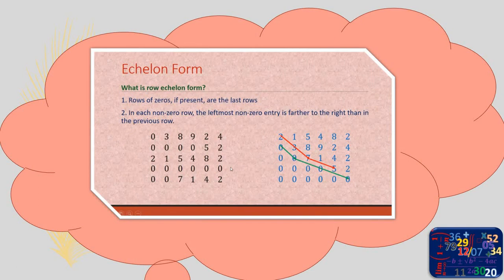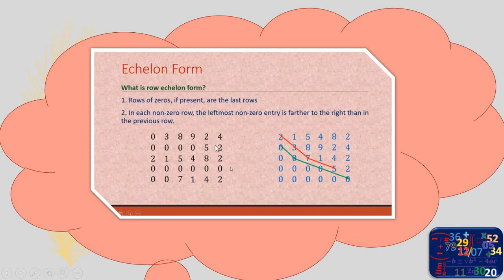What is an echelon form? Even though we have already studied, a simple description about the echelon form is given here. Rows of zeros, if present, are the last rows. So the left hand side matrix has been transformed into the right hand side matrix with the help of elementary row operations. So in the left hand side, row 4 is transformed to row 5 in the right hand side matrix.